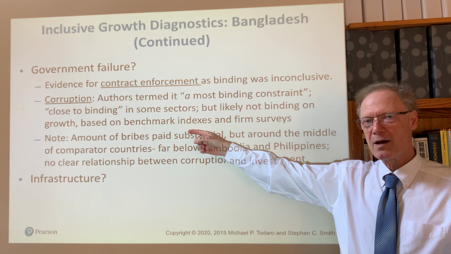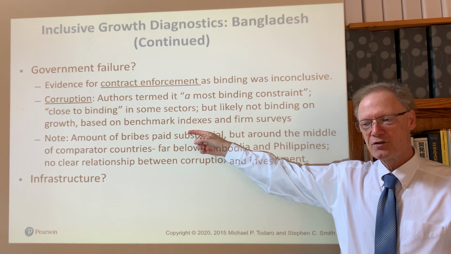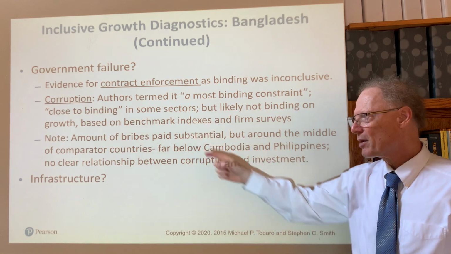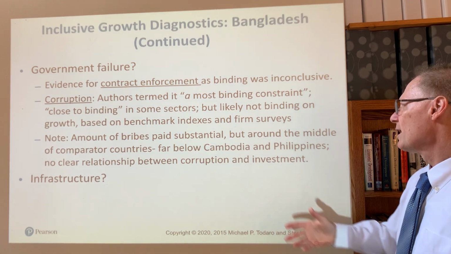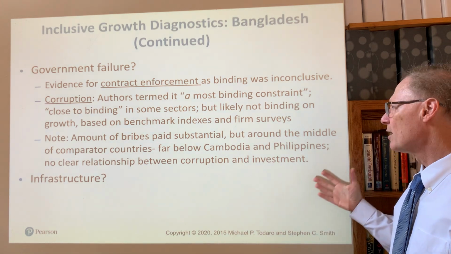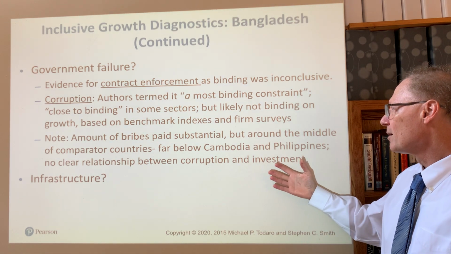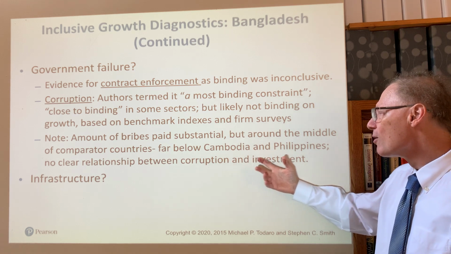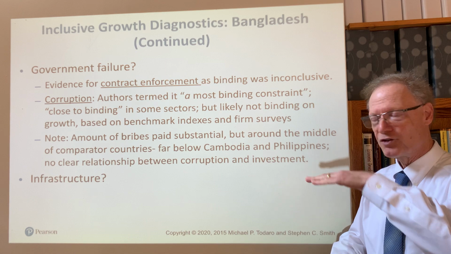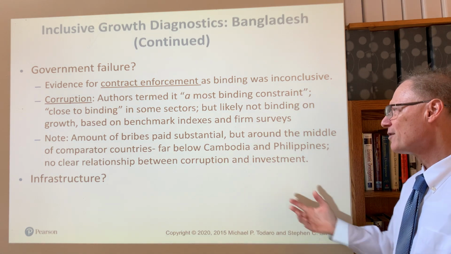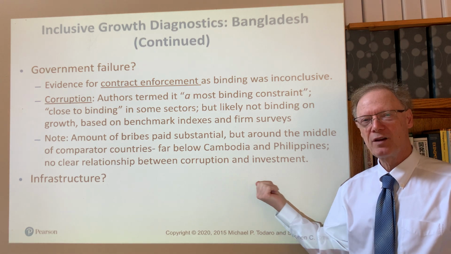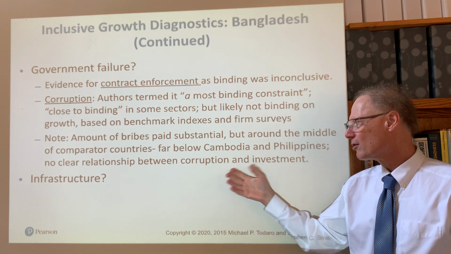They're somewhere around the middle of the pack among countries that these analysts thought the country might be reasonably compared to. And so it's not that the amount of bribes paid is not substantial, but it was actually below Cambodia and Philippines by a long shot. And so that was part of why they said this clear relationship could just not be found between corruption and investment.